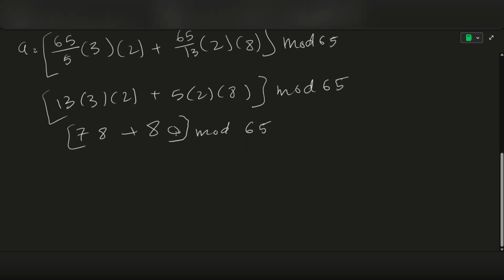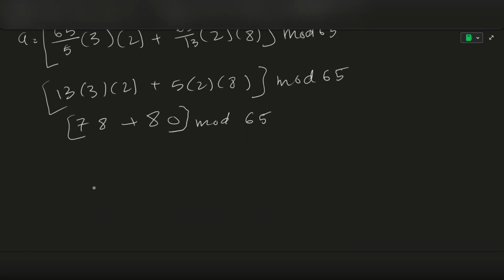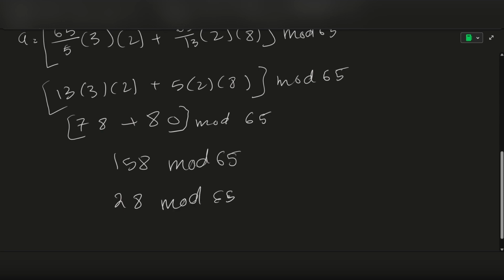Now, 78 plus 80 would equal 158. 158 mod 65. In this case, we minus 65 each time, and we would be left with 28 mod 65. So our final answer is equal to 28. So this is how you solve it using the Chinese remainder theorem.